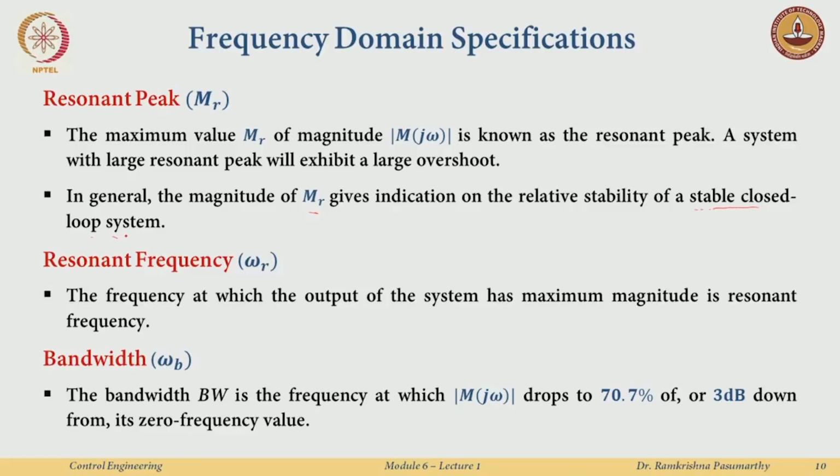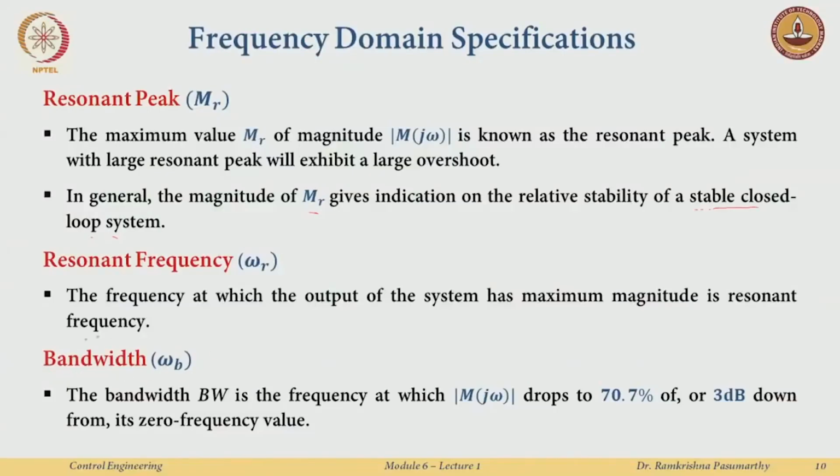Corresponding to the resonant peak, there is also the resonant frequency, the frequency at which the output becomes maximum. That frequency is what we call omega r.